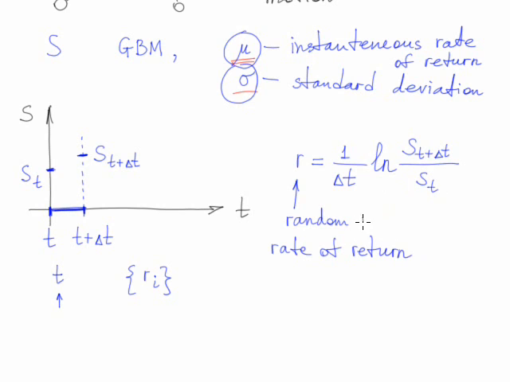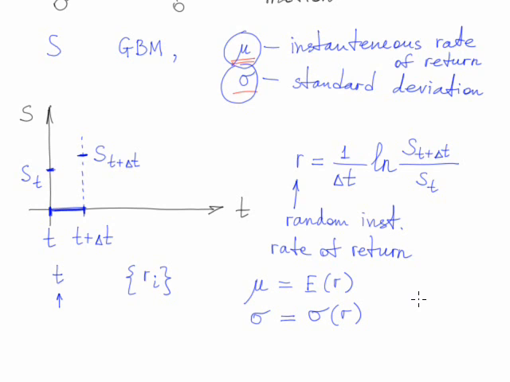So it's a random instantaneous rate of return. And then we would find this constant mu as just the expectation value of R, this random variable, and sigma we would find just as the standard deviation of R.